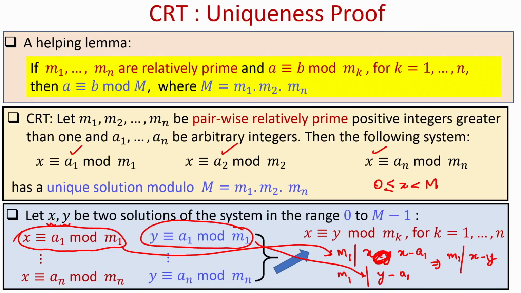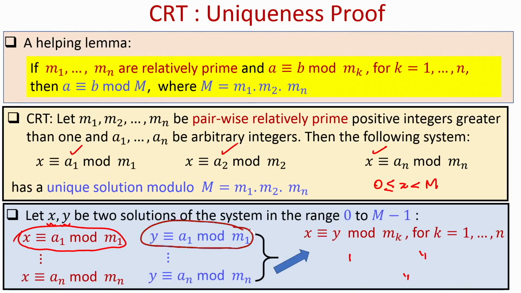In the same way, I can say that x minus y is completely divisible by m2. I can say that x minus y is completely divisible by mk, and x minus y is completely divisible by mn.